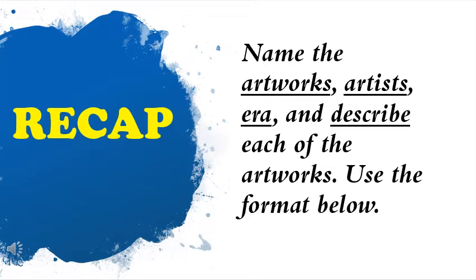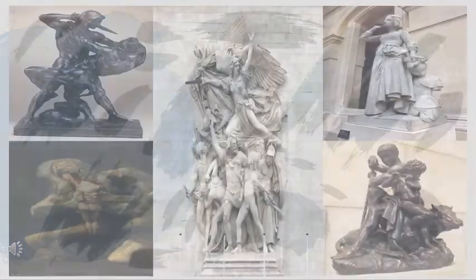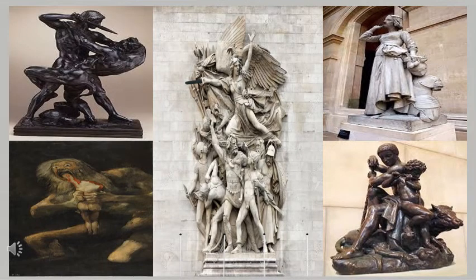This section will measure what learnings and skills you understand from the previous lesson, the Romantic period. You have 5 seconds to answer each item. Are you ready? Directions: identify the following artworks. Number 1. Identify the artwork.